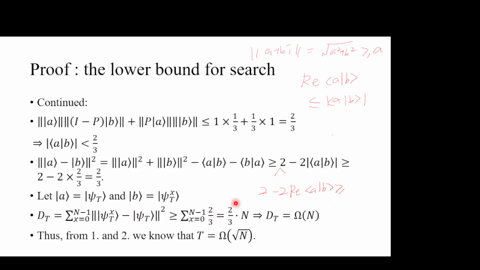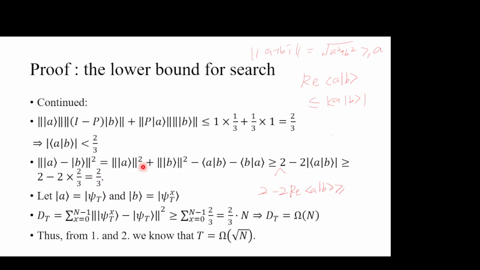Then this finishes the proof of our lower bound on the quantum query complexity of the search problem. And this is kind of the easier way to do this lower bound.